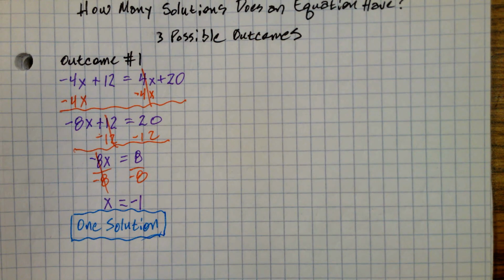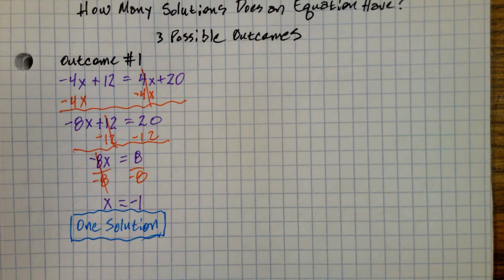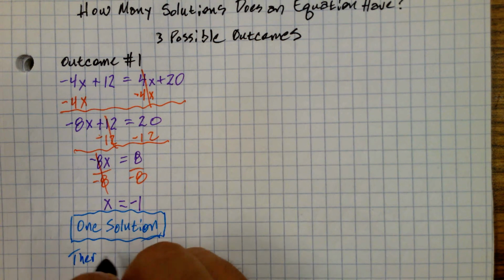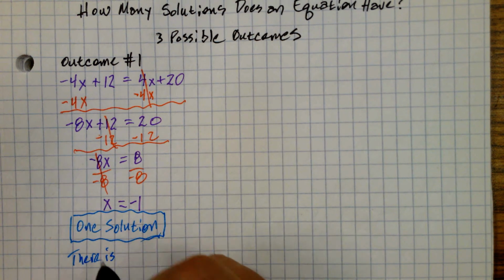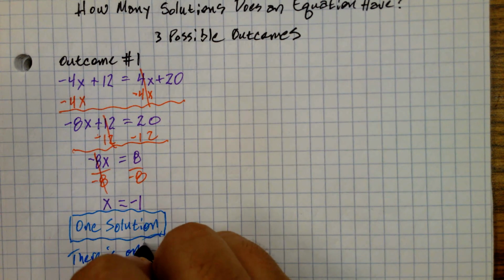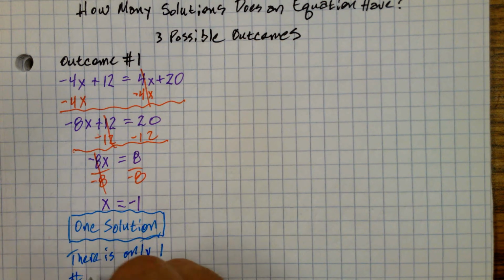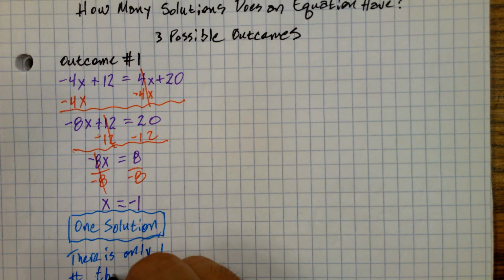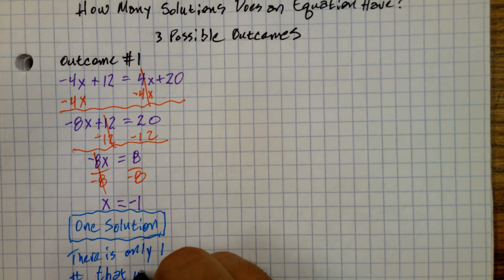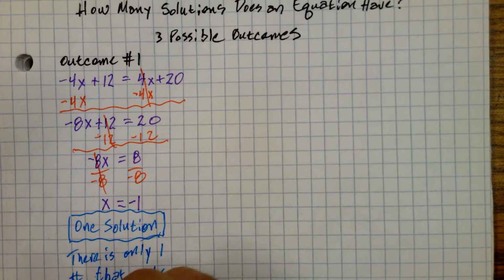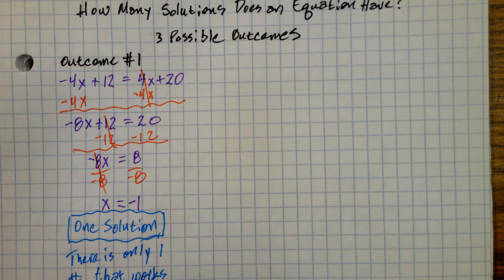Okay? So what does one solution mean? There is only one number that works in the equation, because it will make it a more general case.